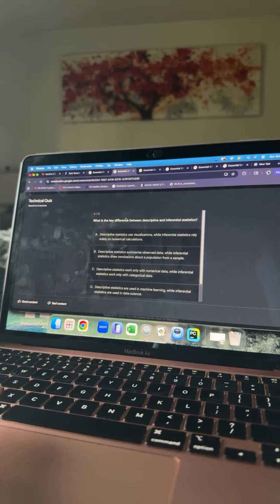Okay, so what is the key difference between descriptive and inferential statistics? So descriptive statistics uses visualizations. Inferential statistics rely solely on numerical calculations. I think it's A, even though I haven't read these. But let's see. Descriptive statistics summarize observed data.